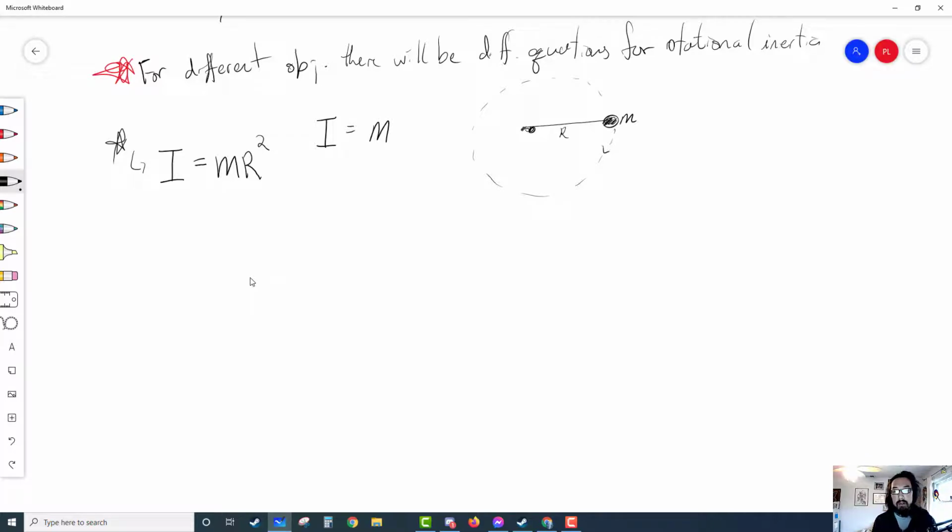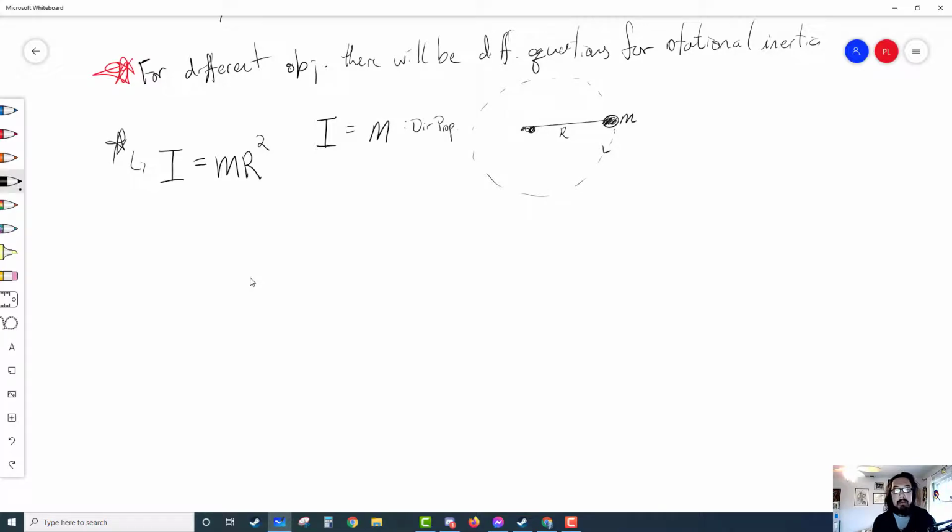So it's moving around in a circle. So if the ball's mass were to increase, right? So let's say we replace a ping pong ball with a bowling ball, and we're swinging it around, the rotational inertia will increase. So this is a directly proportional relationship.